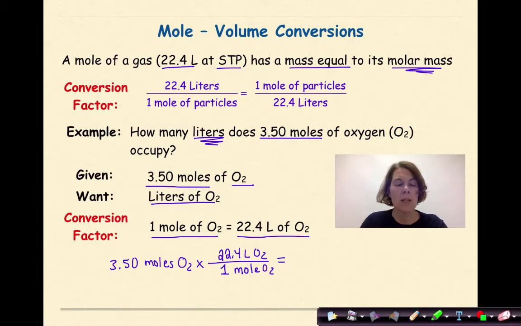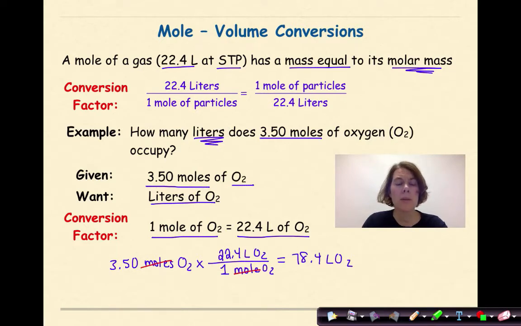Put in an equal sign, and then I need to make sure that my units cancel. So if I start with moles, moles needs to be on the bottom. I'm left with liters, which is what I want. So 3.50 times 22.4 liters will be 78.4 liters of O2. And that's an example of how to convert from moles to liters.